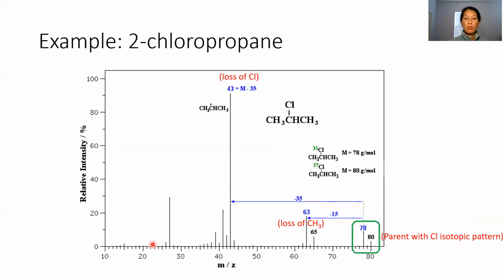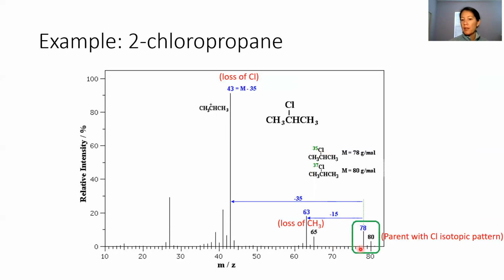So let me go through two specific examples. 2-chloropropane. I would expect this 2-to-1, M and M plus 2. So right there, if you're given a spectrum where you see the parent and you see this isotopic pattern, start thinking, oh, this might have a chlorine in it. Then look for the next obvious thing. A chlorine is going to be 35.